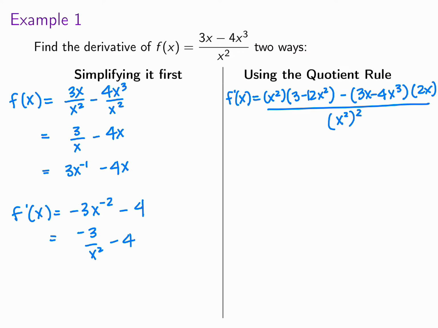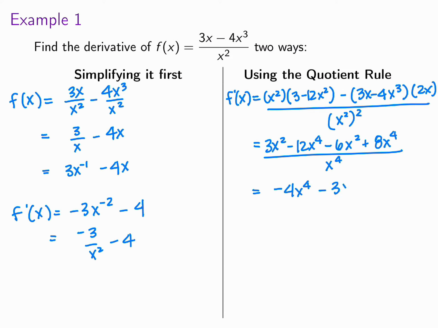Now it's time to do lots of algebra and cleaning up. So let's see what we get. 3x squared minus 12x to the fourth minus 6x squared plus 8x to the fourth all over x to the fourth. Keep simplifying. It looks like I have negative 4x to the fourth and negative 3x squared all over x to the fourth.